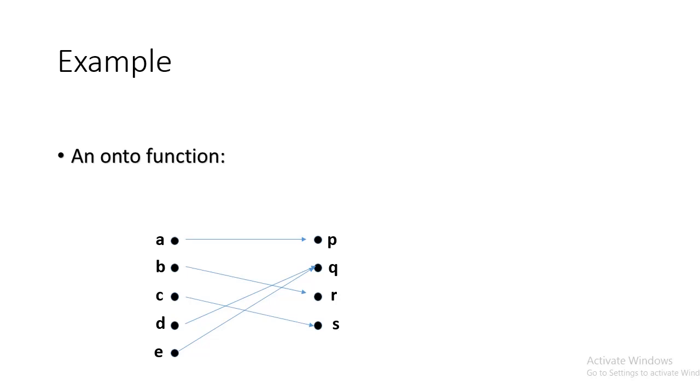Here all the images P, Q, R, S are mapped to the domain. All values P, Q, R, S are mapped. That's why this function is called an onto function.